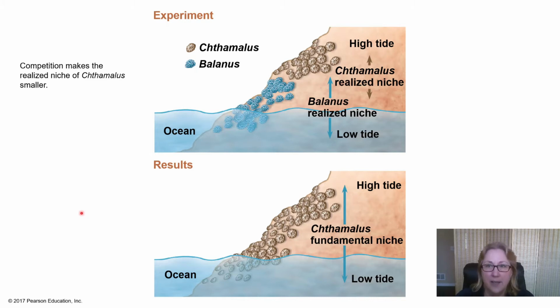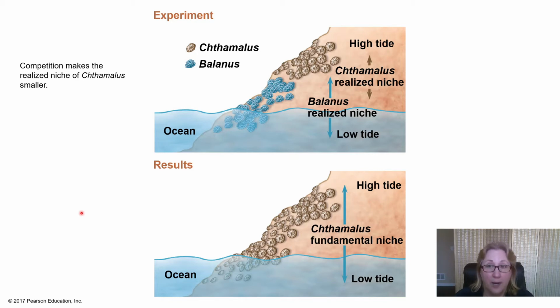So it's not that the Chthamalus didn't like the lower areas that got bathed in water more frequently, but they couldn't compete with the Balanus for those areas. So what his experiment showed was that the Balanus species, which prefer to be in water more than the Chthamalus species can tolerate, are a stronger competitor.